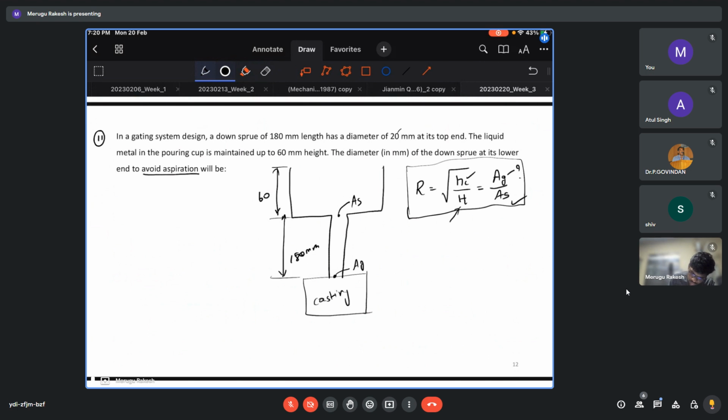We have the diameter at the top end. We need to find AG, and this is the rule for the aspiration effect. That is nothing but the square root of Hc, which is nothing but fifty.